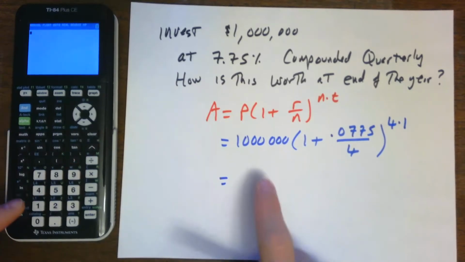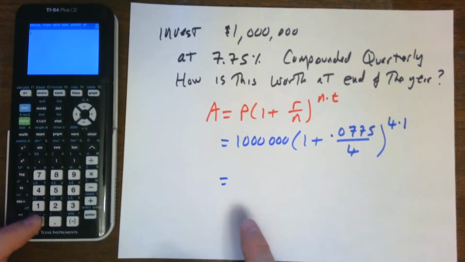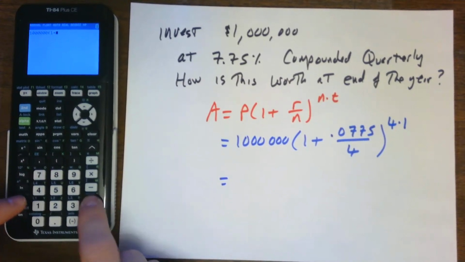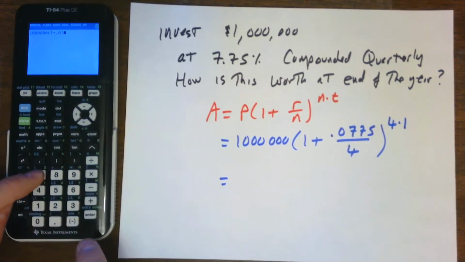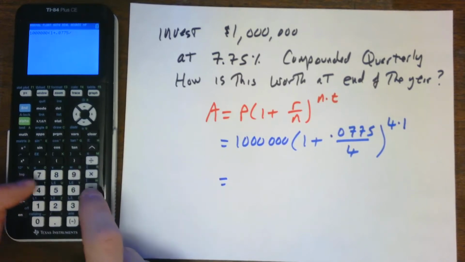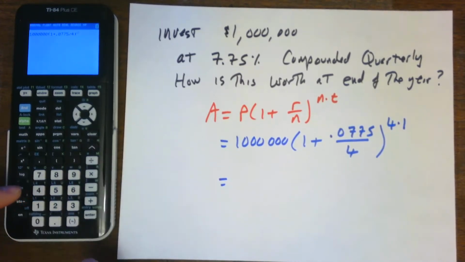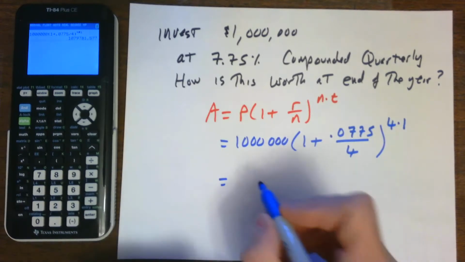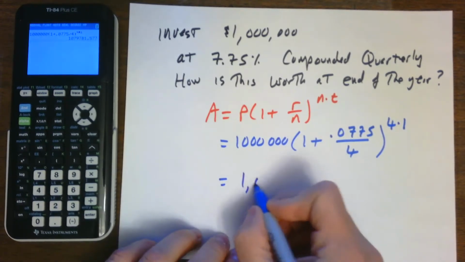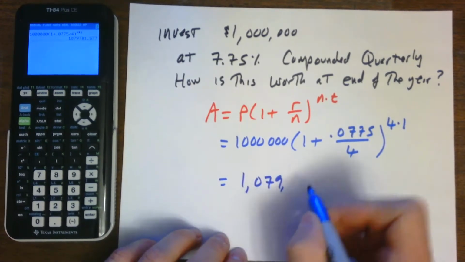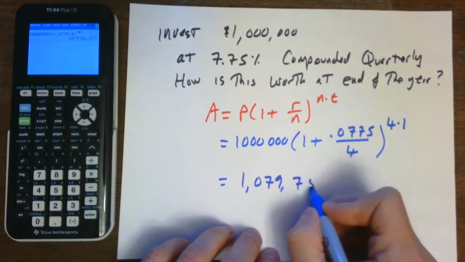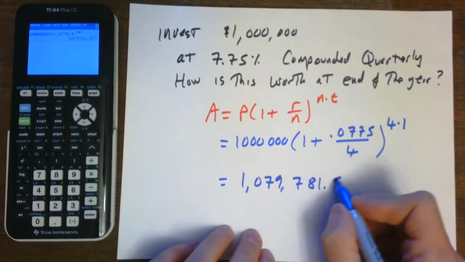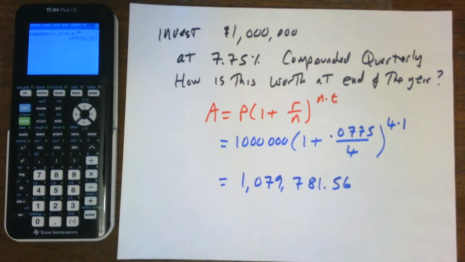So let's find out how much this is worth at the end of the year. 1 million times 1 plus 0.0775 divided by 4, to the power of 4 times 1. This is worth $1,079,781, round to the nearest penny, and 56 cents.